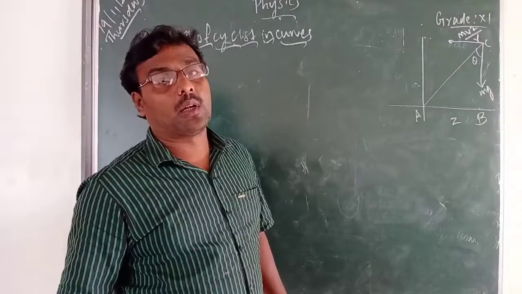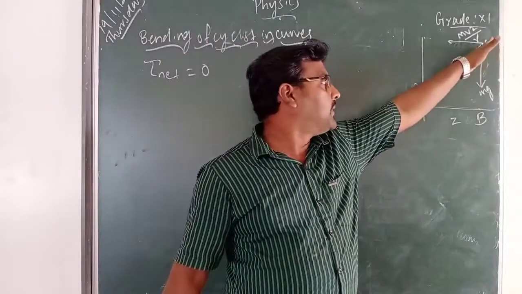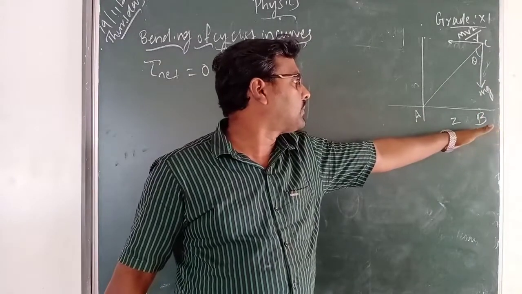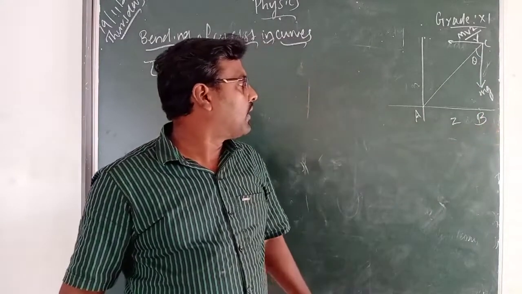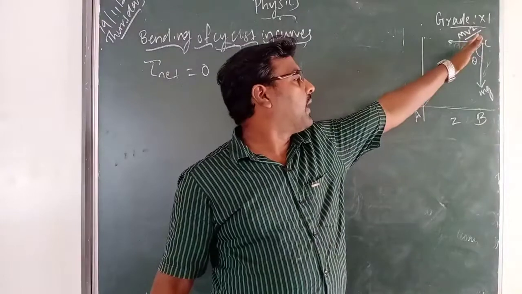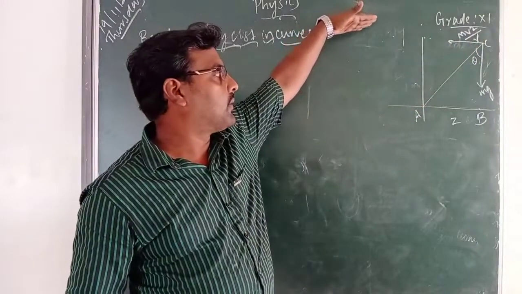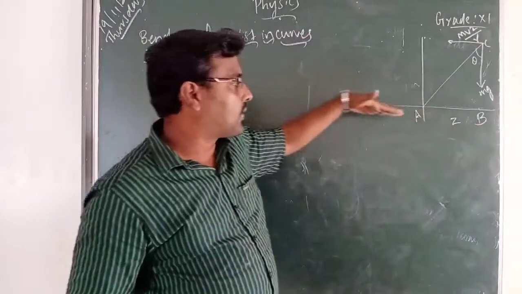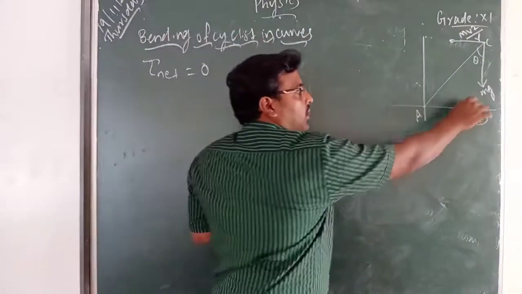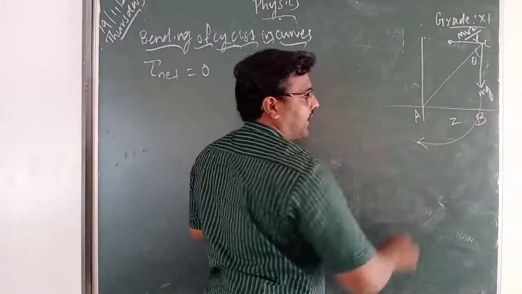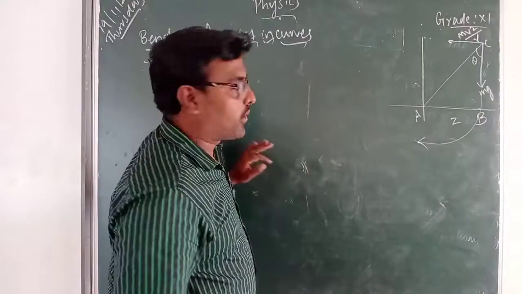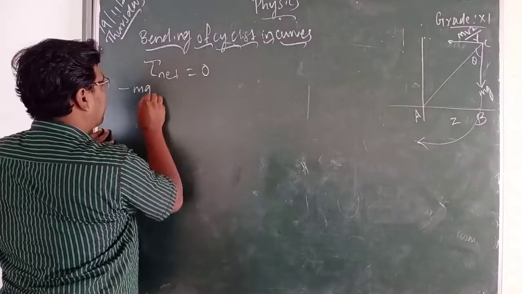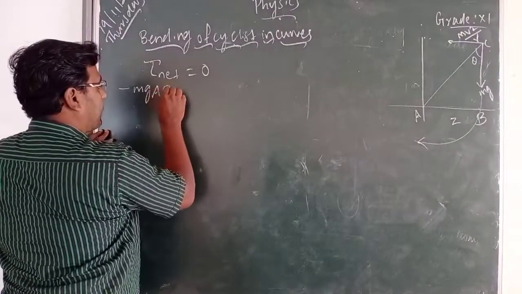Now you can find the torque. mg is acting downward, and mv square by r acts in this direction. Because mg produces a clockwise torque, you write minus mg AB.